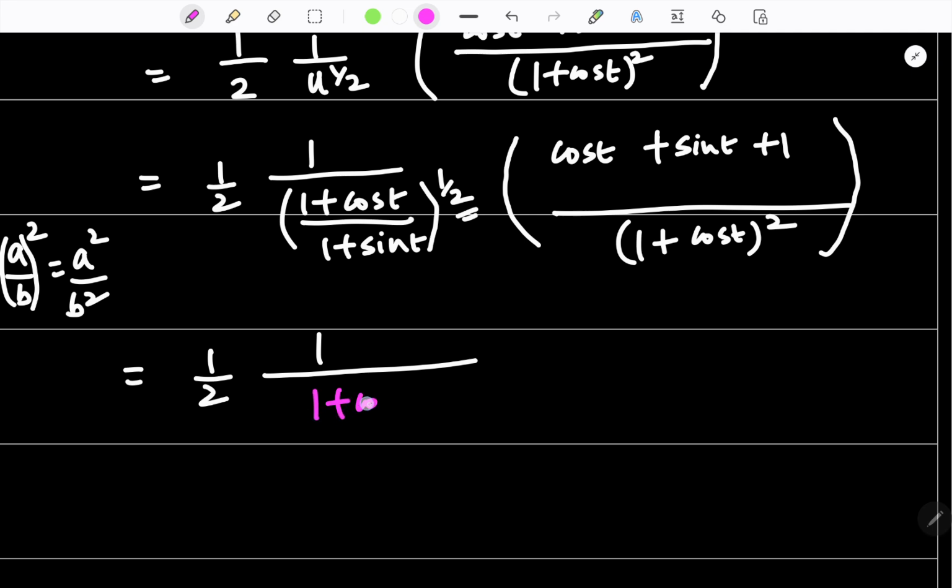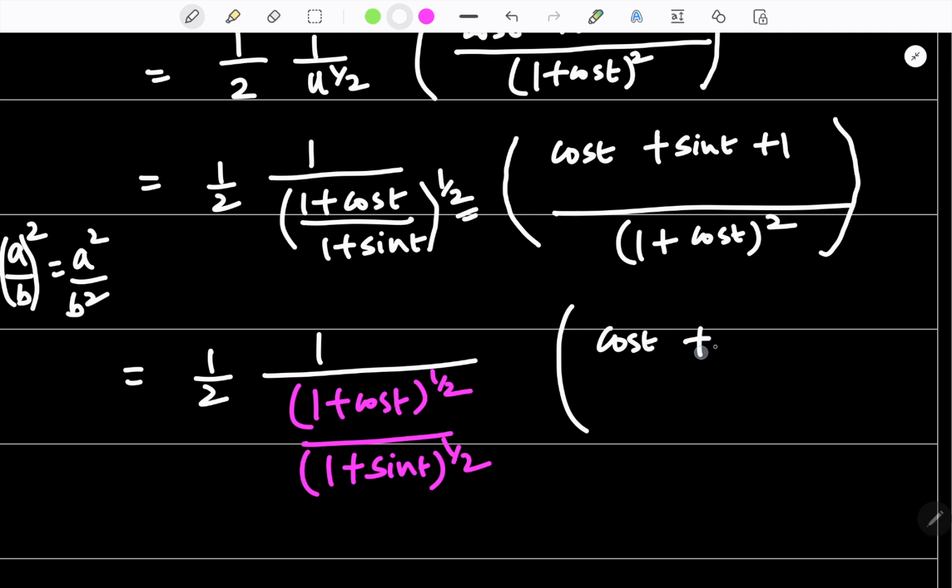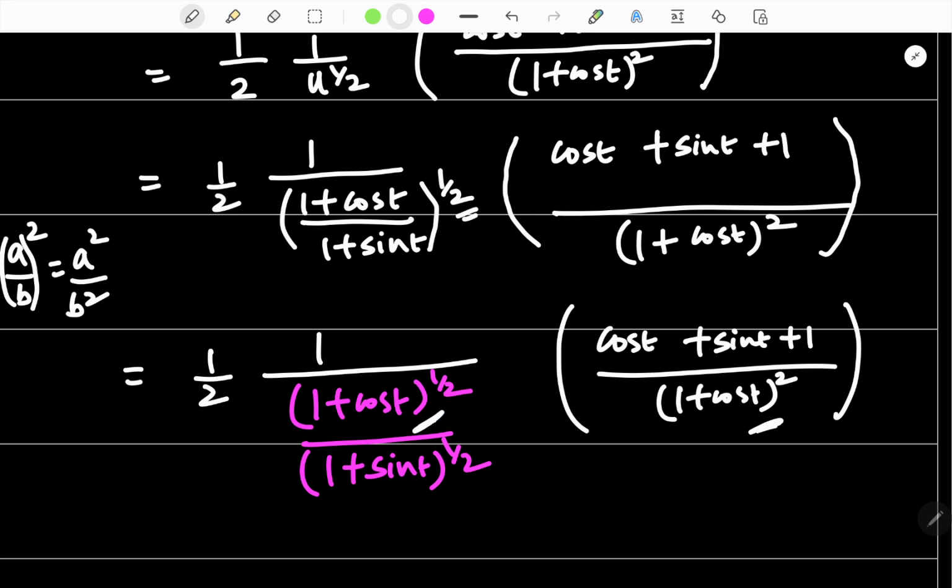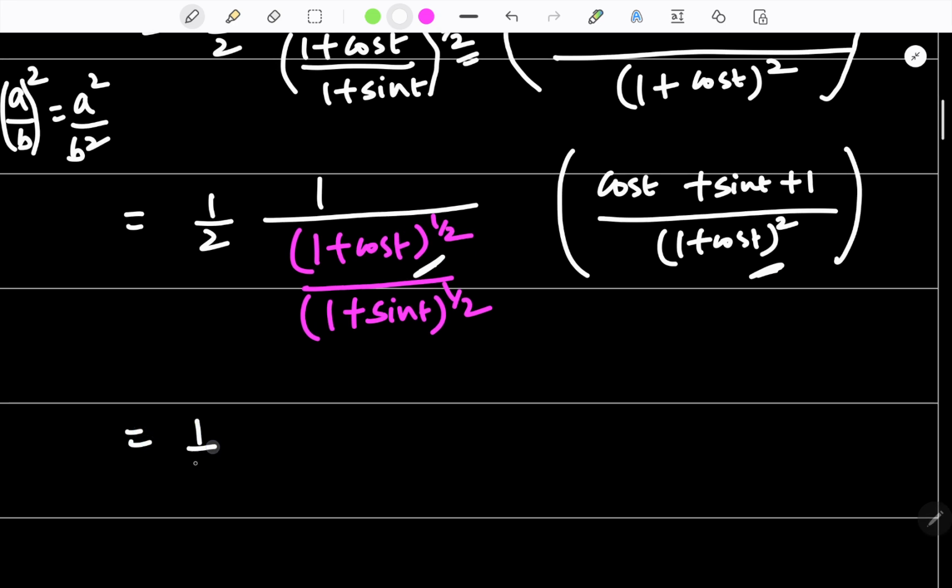How? 1 plus cosine t the whole power half divided by 1 plus sine t the whole power half. Okay, right. And then here cosine t plus sine t plus 1 divided by 1 plus cosine t the whole power half. Why, teacher, you are extending the steps again and again? Because there is a similar term. I'm going to join.